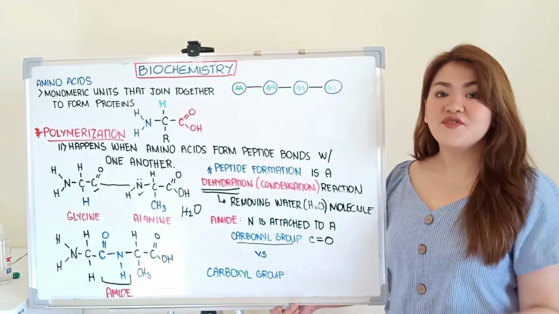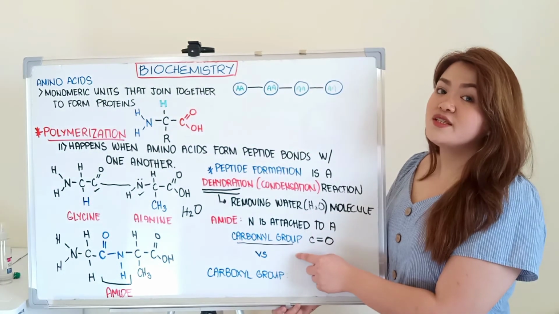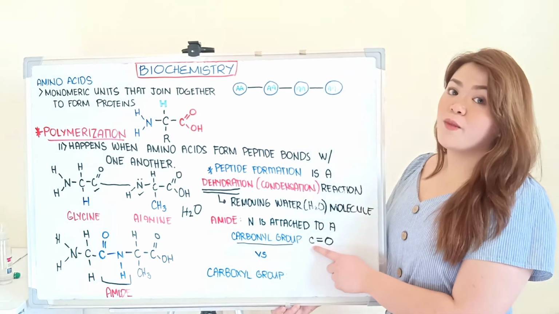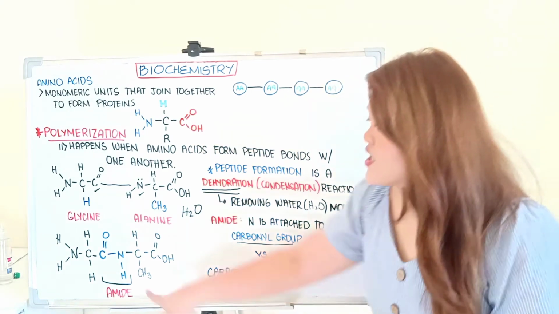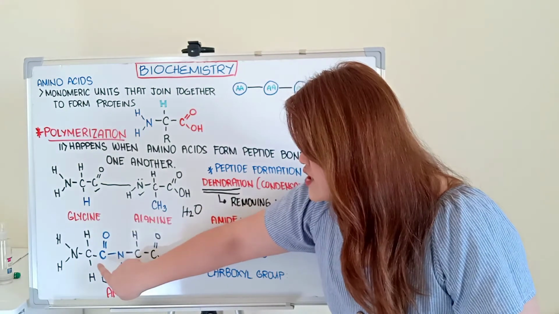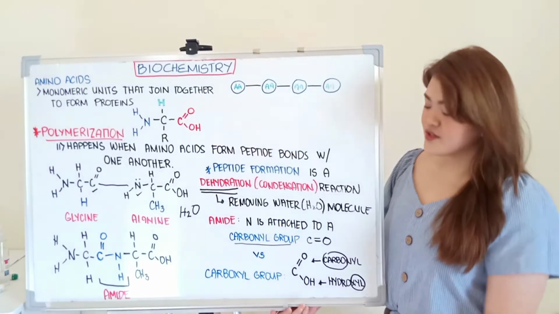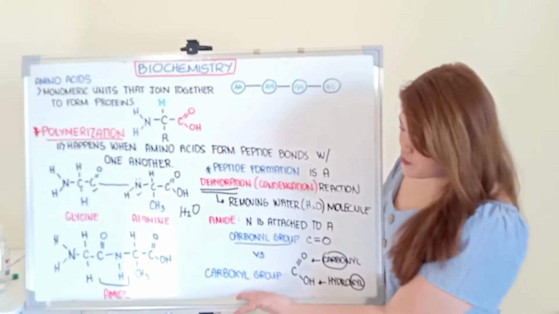So, an amide is formed when nitrogen is attached to a carbonyl group. Carbonyl group is when carbon is double bonded to oxygen. So, here, our nitrogen is bonded to the carbonyl group wherein carbon is double bonded to oxygen. Huwag kayong mako-confuse guys between carbonyl and carboxyl group.